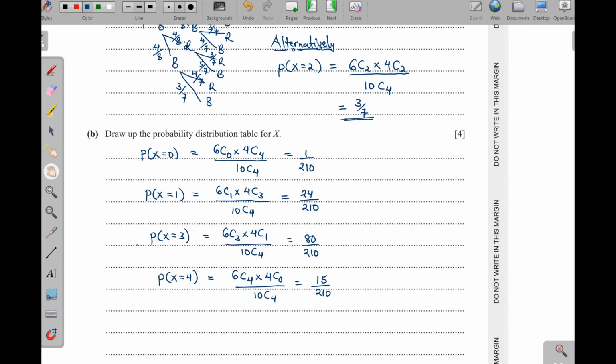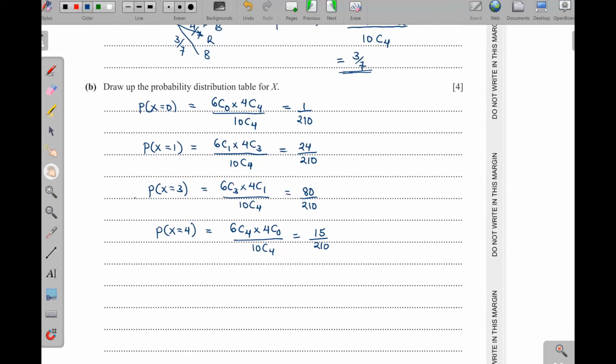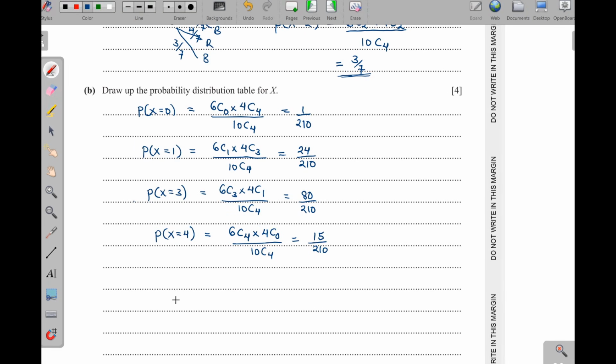That means we can now draw our table here. We have x and then probability of x equal to x. So we have 0, 1, 2, 3, and 4. Probability of x is equal to 0 is 1 out of 210. For 1, it is 24 out of 210.